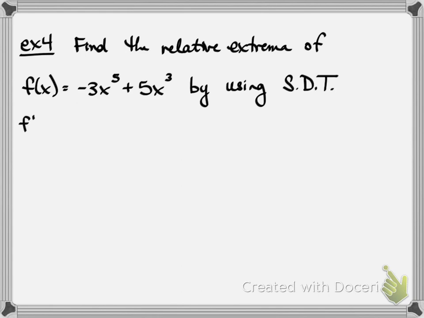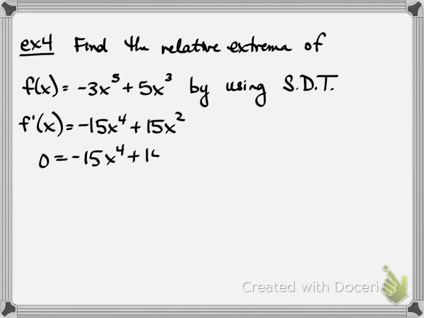Alright, so we need to take the first derivative. And the second derivative test says we have to find this value where the derivative is equal to 0. And we will always try to do that by factoring out the GCF.